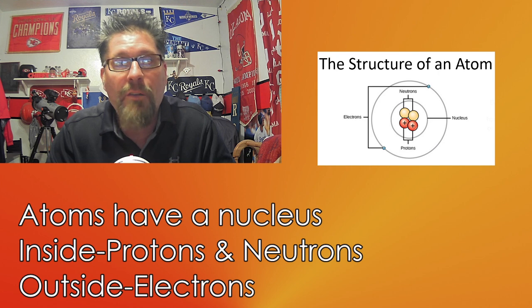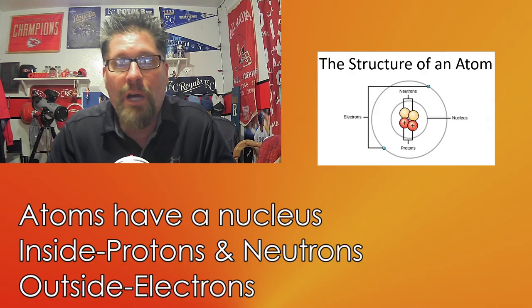But it's that splitting of that nucleus to release all that power that was the foundation for the atomic bomb. Lots of energy and power in there. But for us, we're talking about the nucleus, which holds the protons and neutrons, and we'll talk about those individually.